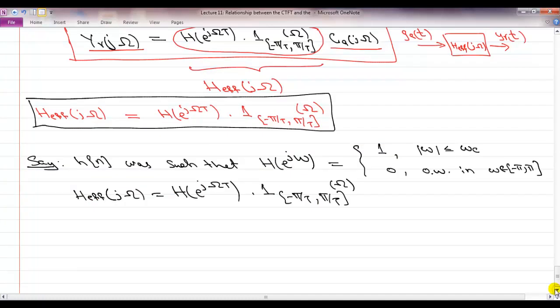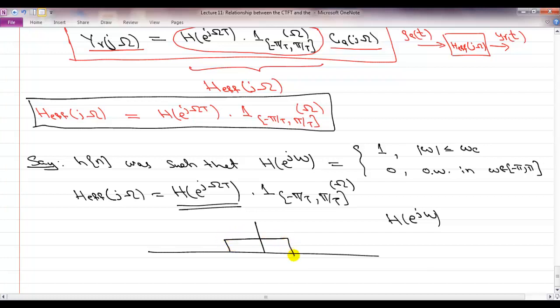So what this means is, what is this relationship? That is the scaling of the frequency axis, right? So your H(e^{jω}) looks like this. It's a low pass filter. So it has a cutoff ω_c, minus ω_c, height 1.